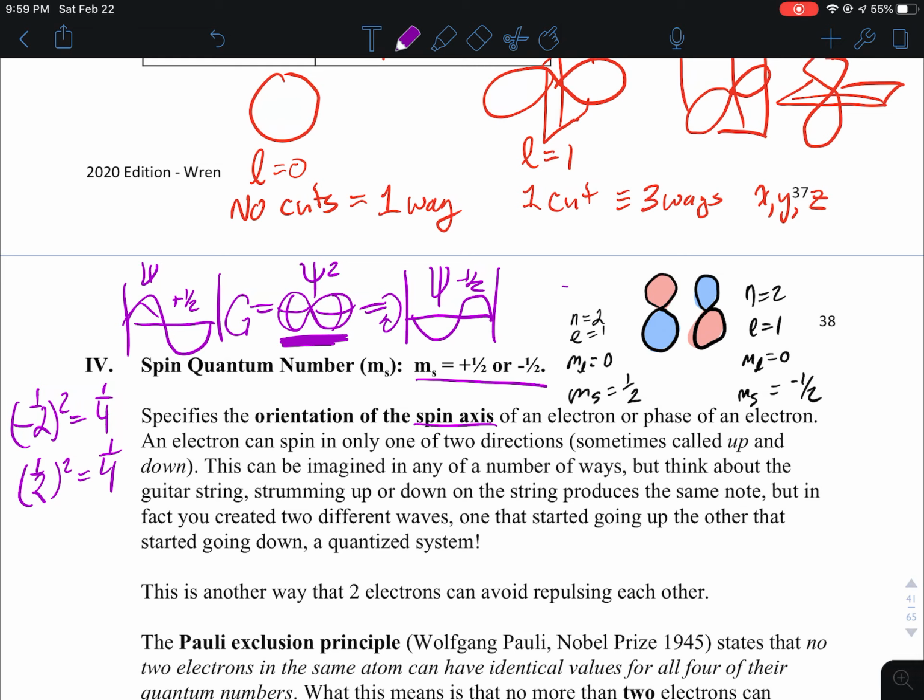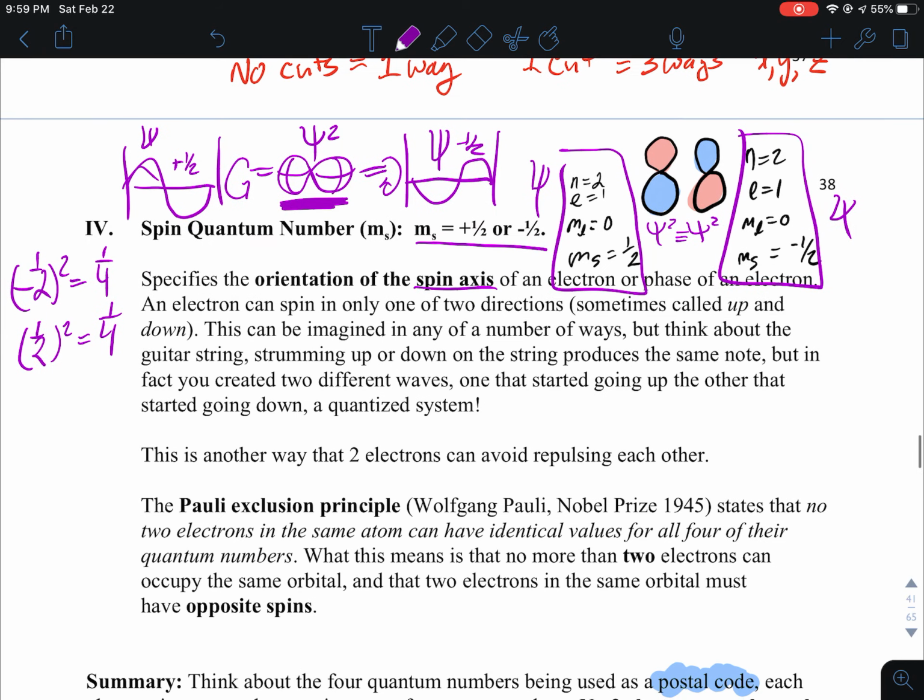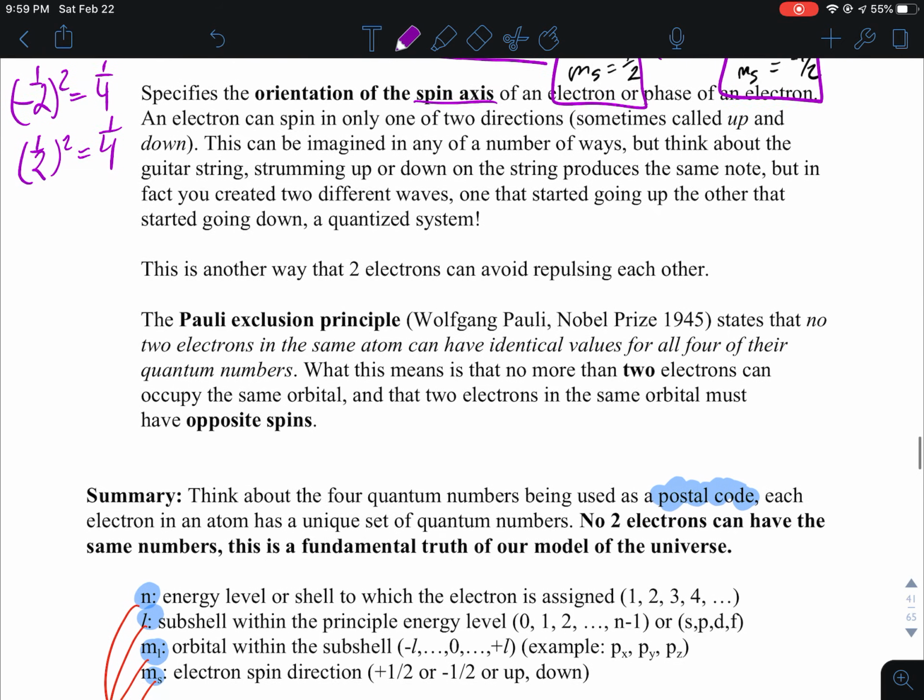You are starting with 2 different sets of quantum numbers for our wave function. And then these wave functions squared end up looking the same. They occupy the same space. All right, that's the most complicated thing you'll ever do in this class, I hope.